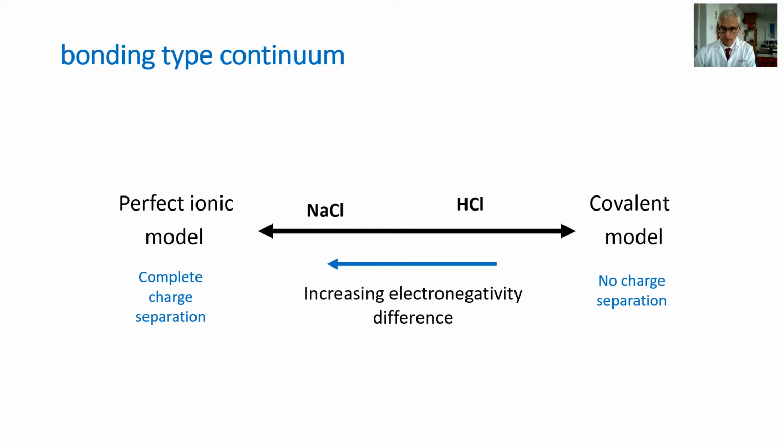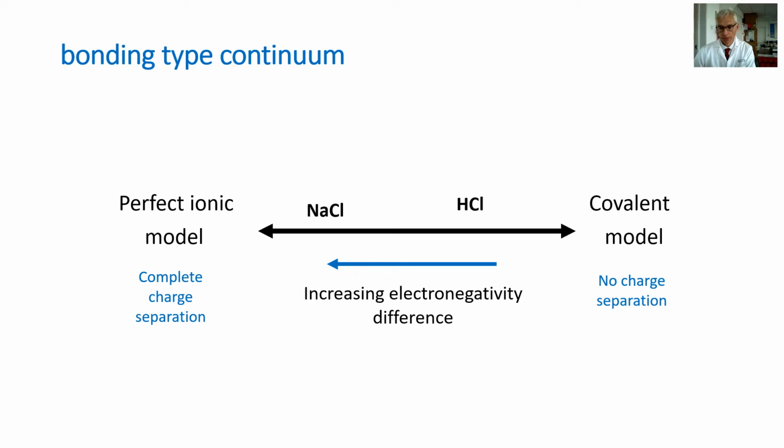Now, the way to determine whether a compound will bond ionically or covalently, or in a covalently polarized fashion, or ionically with covalent character, is by using the concept of electronegativity difference. Where there's no electronegativity difference, for instance two hydrogen atoms, then that's the perfect covalent model. Where there is very high electronegativity difference, then charge separation might be considered complete.